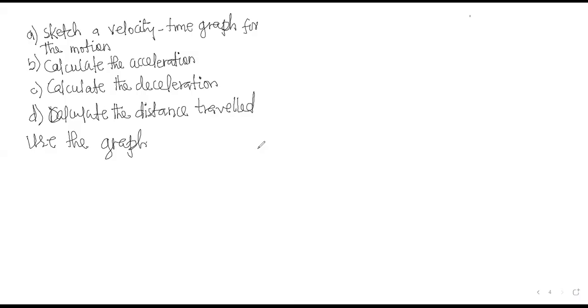So let's sketch the velocity time graph. So my velocity axis, then the time axis. Let's label the axis: velocity v in meters per second, then time t in seconds.